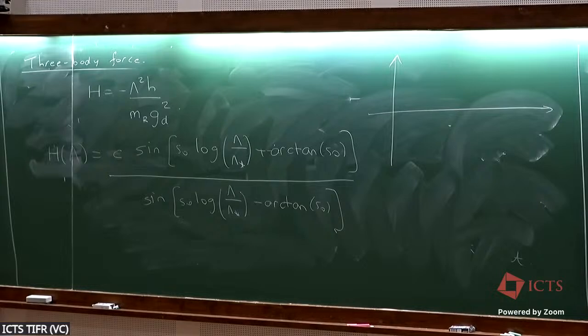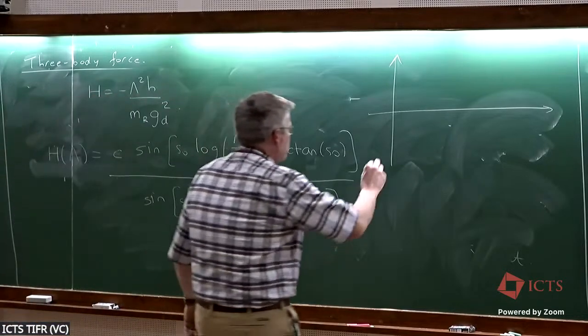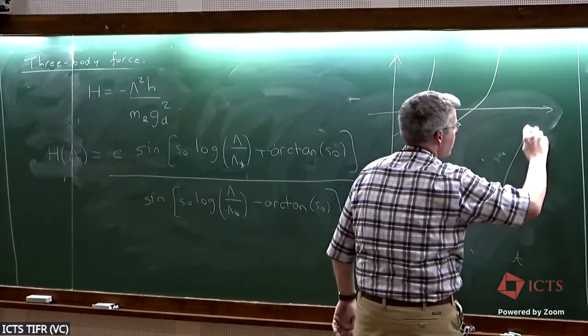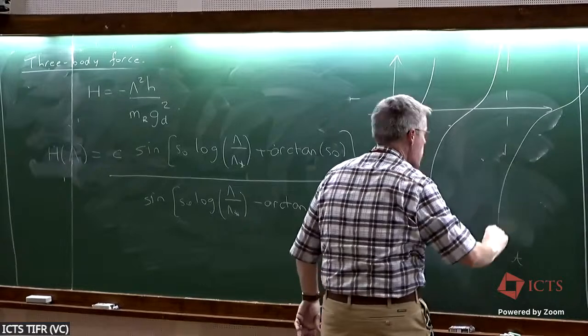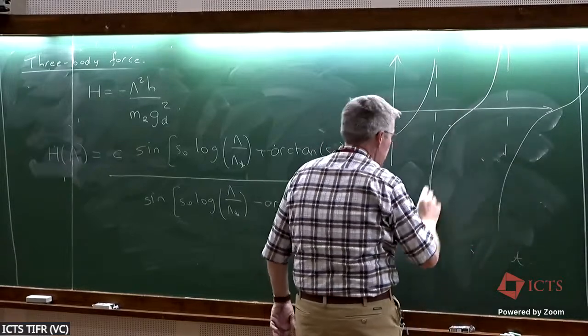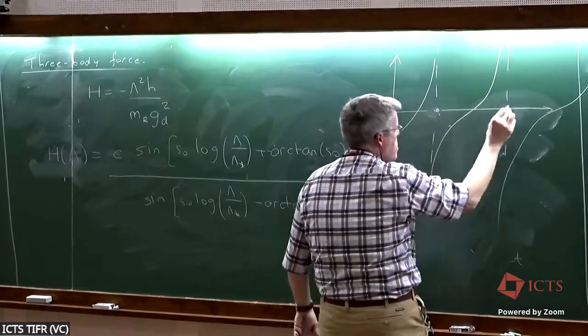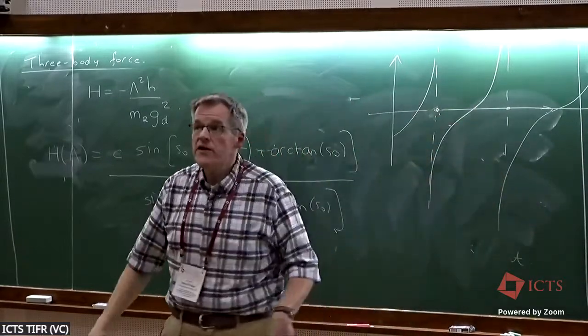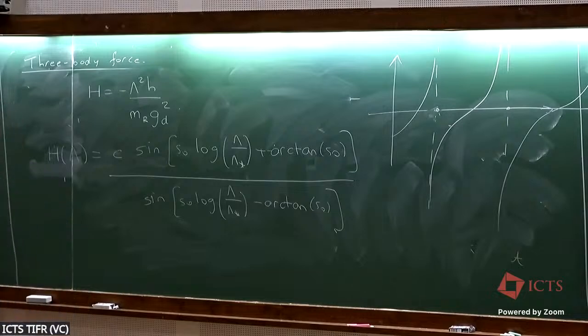You have that the three-body force just keeps flowing on this trajectory forever. And these points here, where it goes through infinity and comes back at minus infinity, these are points where a new bound state appears.